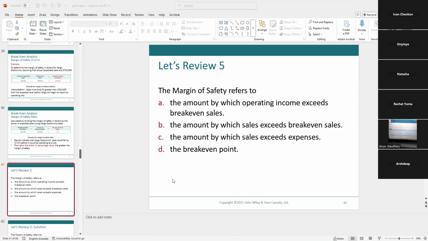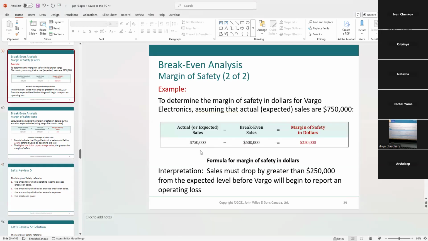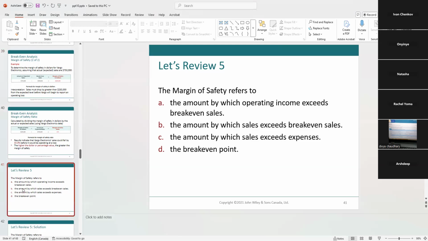So what do you think is a possible solution here? Sales exceed break-even sales, because our actual sales minus break-even sales equals the margin. So where we are, actual sales minus break-even sales. Let's transfer it here.